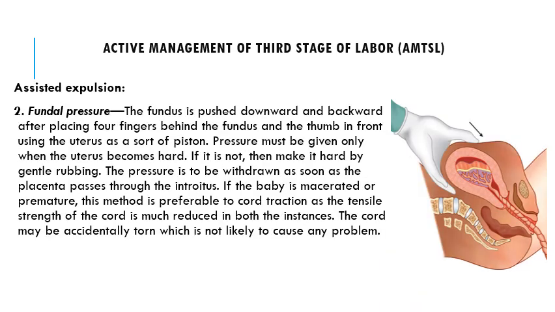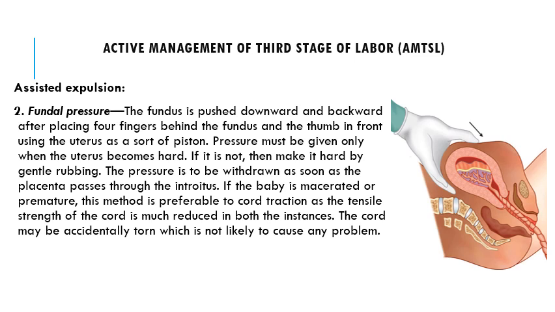And the next is the fundal pressure method. Here the fundus is pushed downwards and backwards after placing 4 fingers behind the fundus and the thumb in front of the uterus, using the uterus as a sort of piston. Pressure is to be given only when the uterus becomes hard.